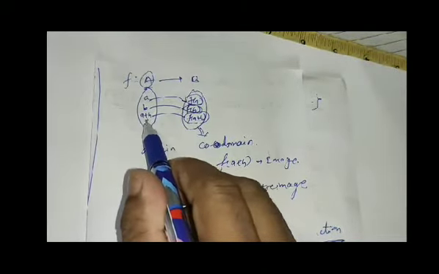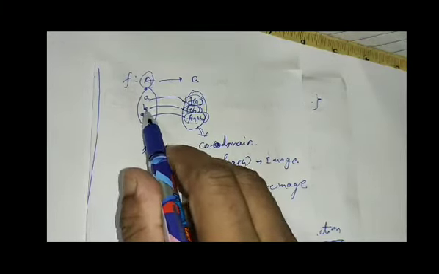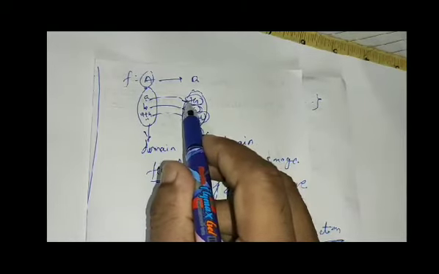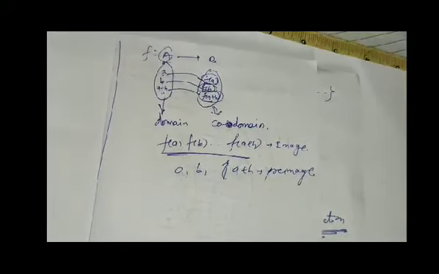And a plus h is the pre-image of f of a plus h. b is the pre-image of f of b. a is the pre-image of f of a. So in this way, we can indicate the relation, indicate the function from set A to set B.